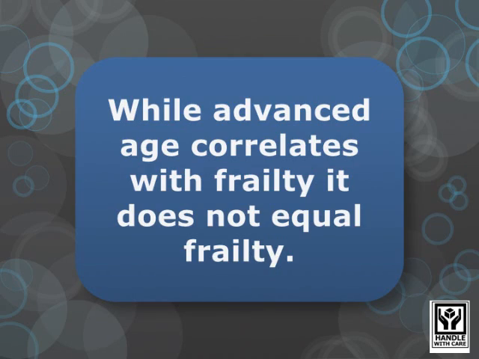So this is the picture of frailty versus robust older person. So while advanced age does correlate with frailty, it doesn't equal frailty. So that's a big, I think, take-home message, is that we just can't lump everyone in by age.